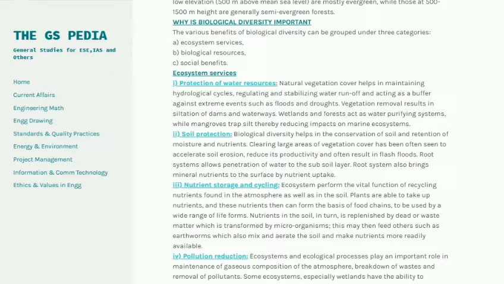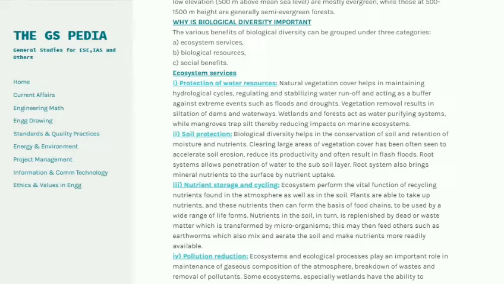Vegetation removal results in siltation of dams and waterways. Wetlands and forests act as water purifying systems, while mangroves trap silt, thereby reducing impacts on marine ecosystems. 2. Soil protection. Biological diversity helps in the conservation of soil and retention of moisture and nutrients.